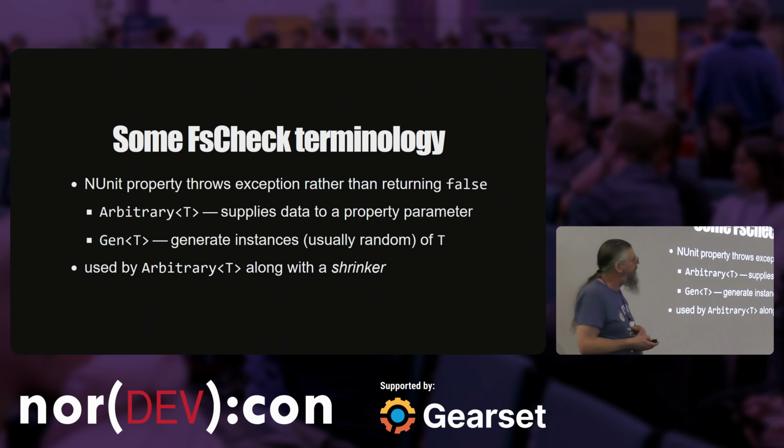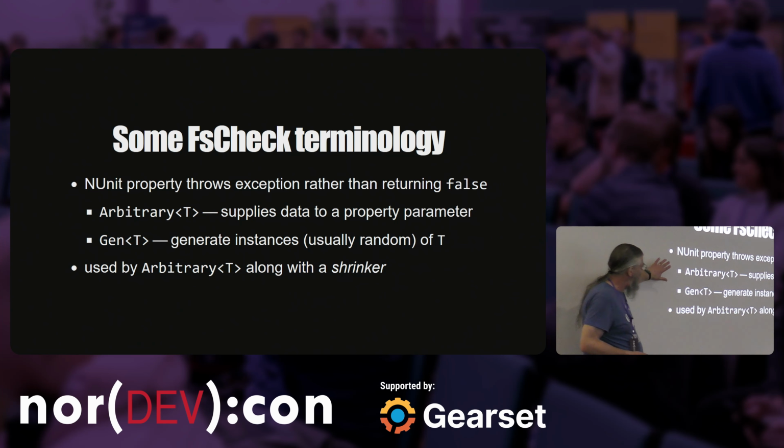So, some FSCheck terminology then. An NUnit property throws an exception rather than being a predicate, and the parameter that's given to it, even though the test that we used earlier took a string, it's not really a string type. The string type has been hijacked at the reflection level by FSCheck, and it's actually providing an arbitrary string.